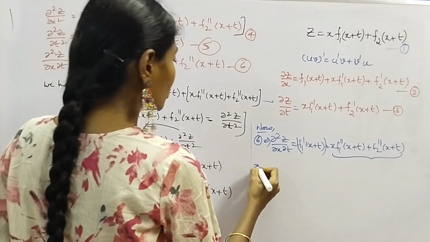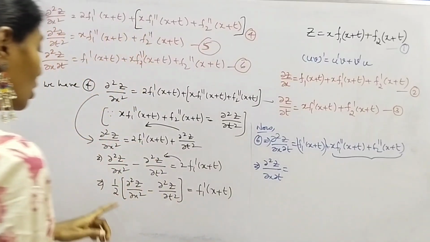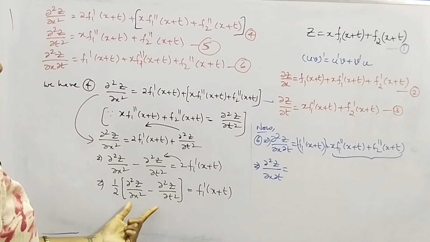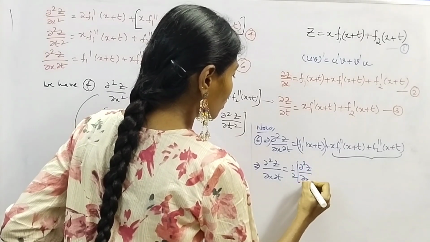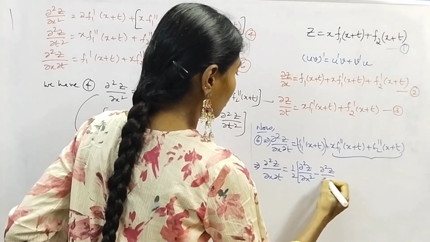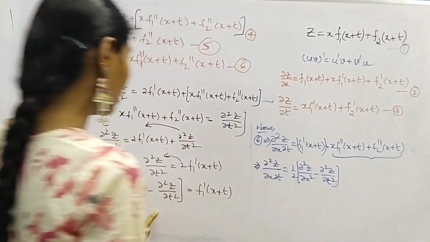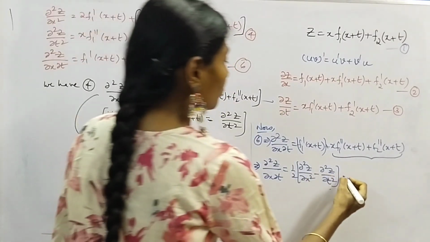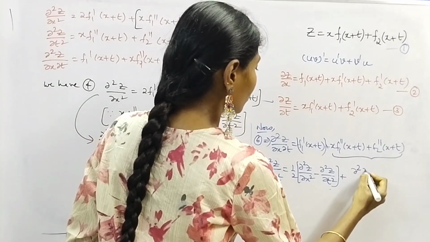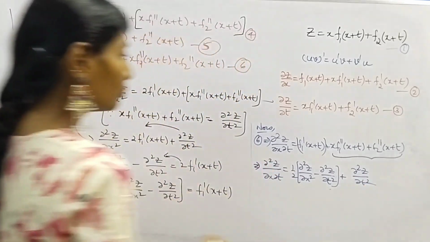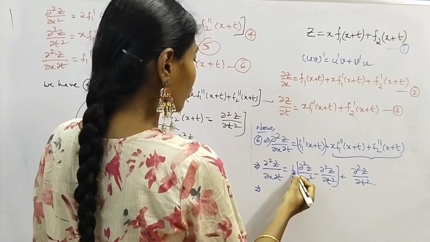Then this becomes ∂²z/∂x∂t equals f1'(x+t), which can be replaced by 1/2 into (∂²z/∂x² minus ∂²z/∂t²), it's t, not y, plus ∂²z/∂t². Fine. Now here we are having 1/2.